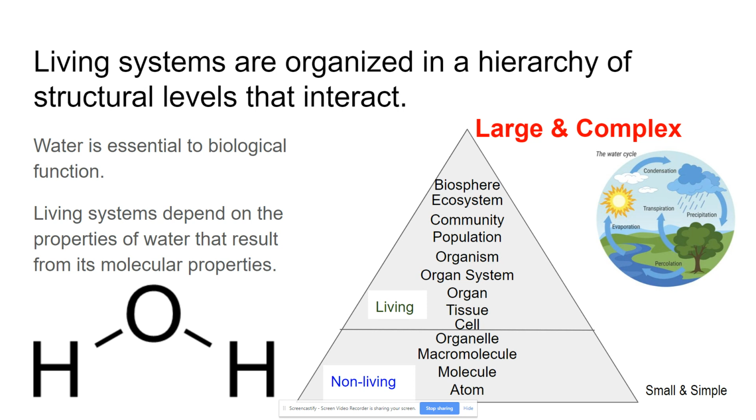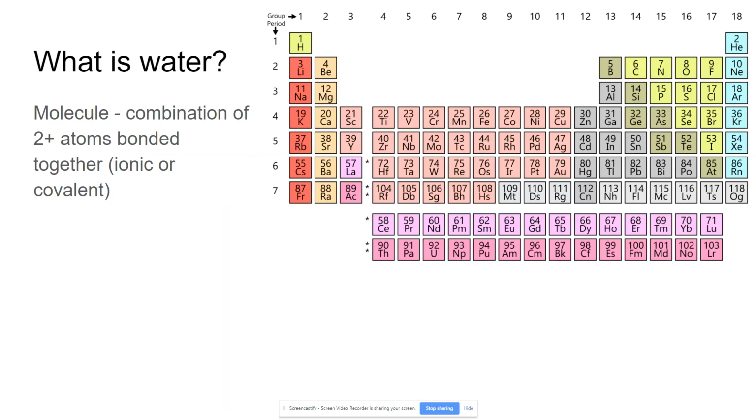It's essential at a biosphere level when we're understanding the water cycle. So just because it's in one level does not mean it doesn't interact and have a role in affecting the other levels in this hierarchy. Living systems rely so heavily on water that it's important for us to spend an entire set of notes talking about its properties. And so let's get into what exactly water is.